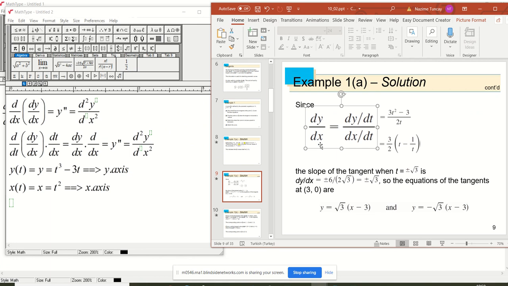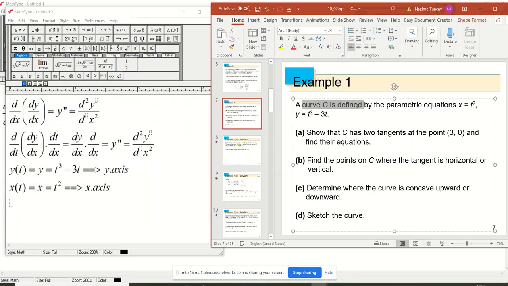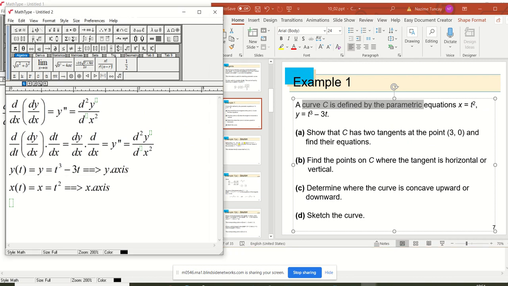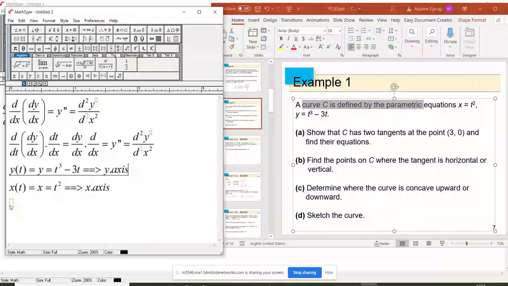Because this is the slope. To find the slope of this curve, we have to find always derivative of y according to x. So this is the slope. So we have to find this dy over dx.